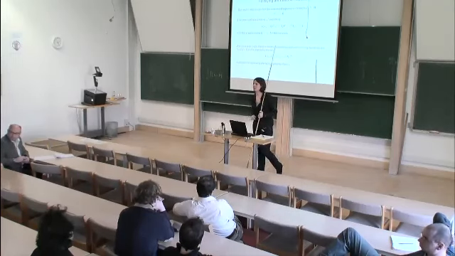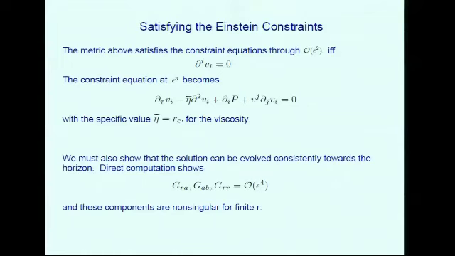Okay, so now we've actually gone ahead and satisfied our constraint equations through the order that I'm going to try to do today. But we also want to check that we satisfy the rest of the Einstein equations. In other words, we also need to make sure that we can satisfy the R components and that we can continue to satisfy the constraint equations as we move towards R goes to 0.